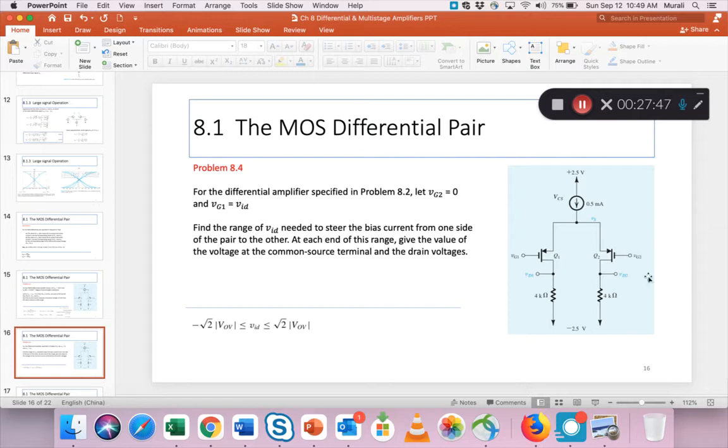We ground one of the inputs and we apply VID, which we don't know what it is, but it's not required for the problem. All he wants is the range of VID needed to steer the bias current from one side of the pair to the other. At each end of this range, give the value of the voltage at the common source terminal, and the drain voltage. So that's problem 8.4.